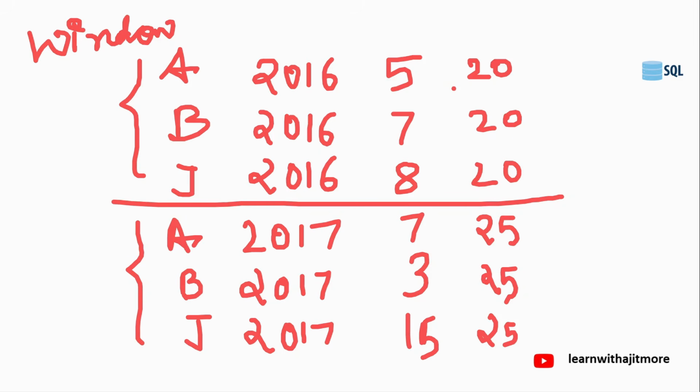So it knows that her contribution is 1/4, which is 25%. If you find the percentage, it is 5 upon 20 into 100, 7 upon 20 into 100, 8 upon 20 into 100, like that. So there is comparative study, and a lot of analytics work you have to do. That time window functions are useful.